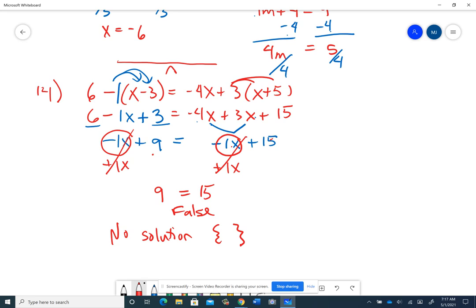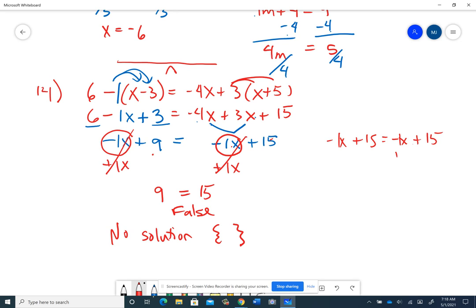All right, so that's one of those special cases. Now, had we done this, and let's say instead it turned out to be negative 1x plus 15 equals negative 1x plus 15. So what if we had a problem where after we got all our like terms collected, that's what we had?